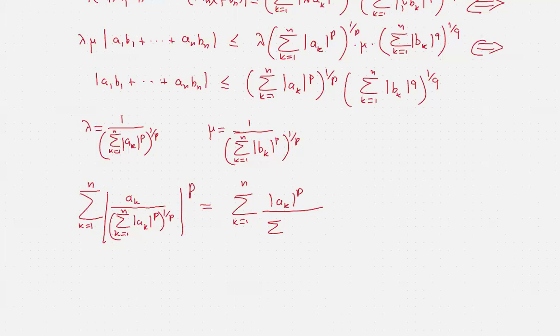And every time you have numbers and you divide them by their sum, then the new sum is simply equal to 1. And that will be true for the bk.